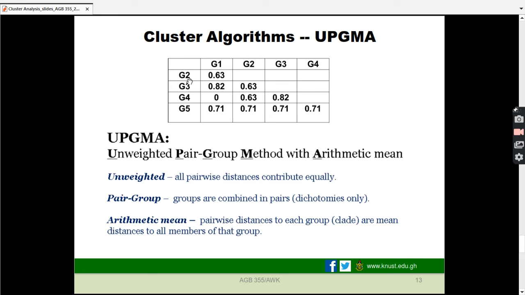So you have G1, G2, or G2 and G1; they are combined in pairs in that order. Arithmetic mean: pairwise distances to each group are mean distances to all members of that group. So let's see what that means in the next slide.